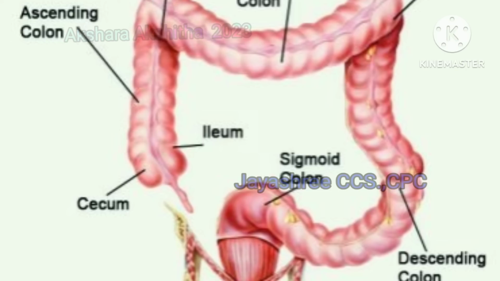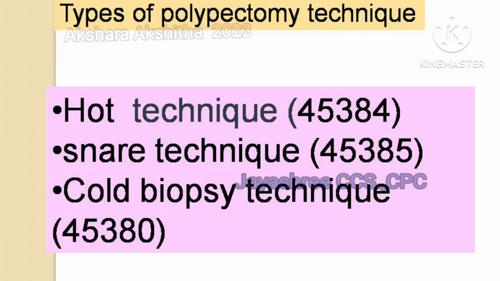We should not report it. Then therapeutic colonoscopy, such as polyp removal: therapeutic means any treatment, right? If the doctor identifies a condition and treats that condition, that is therapeutic. So therapeutic means polyp removal.